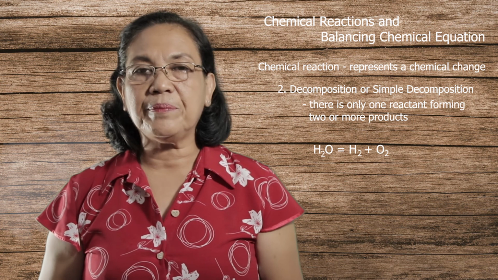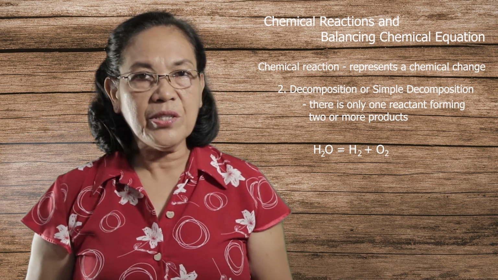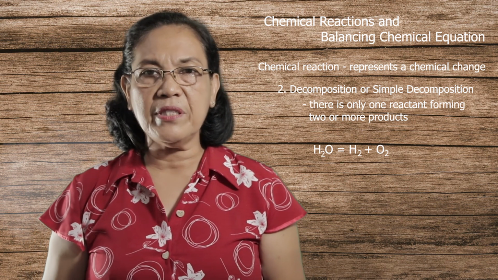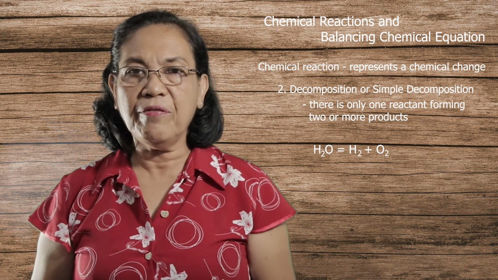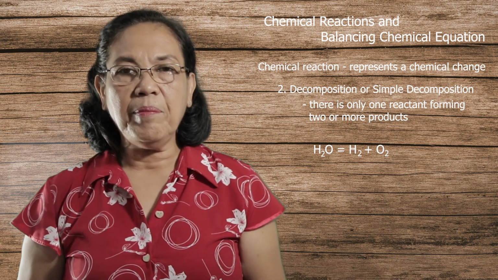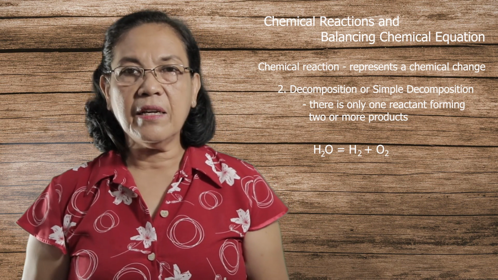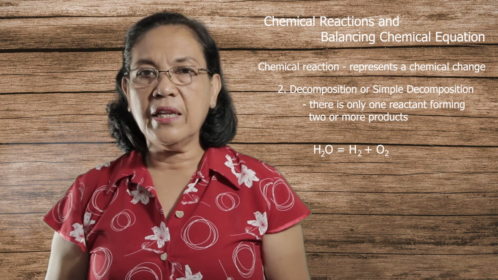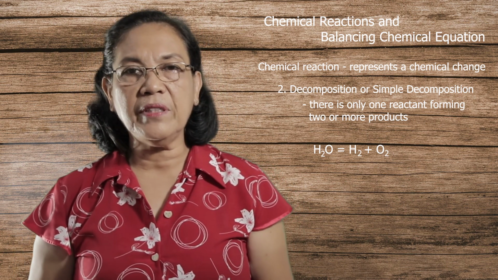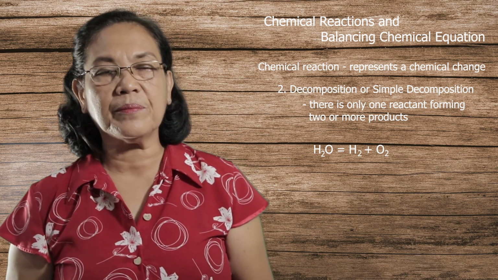For example, we have magnesium bicarbonate. When you are going to decompose this, the products formed are magnesium oxide plus carbon dioxide plus water liberated as a gas. So those are examples of decomposition reaction.